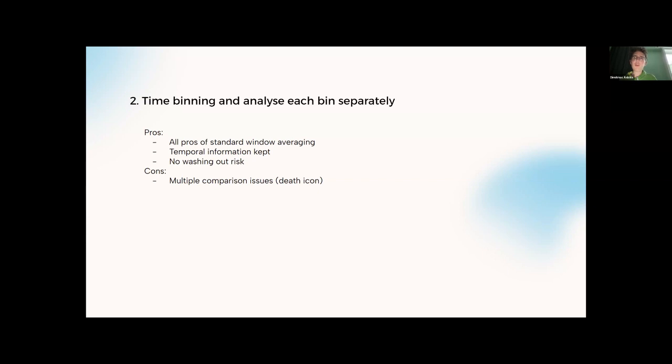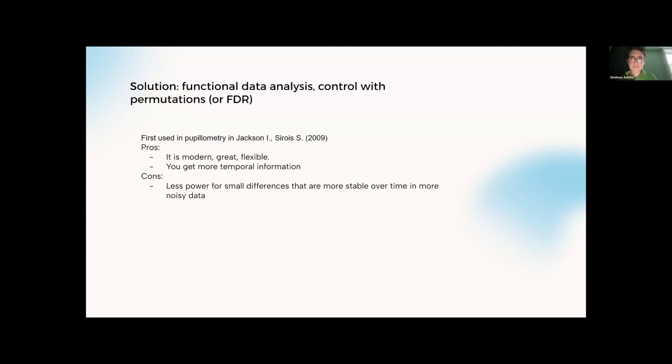But if we use multiple bins, we run into multiple comparison issues. So one solution that can address these issues is using functional data analysis and controlling multiple comparison issues with permutations.